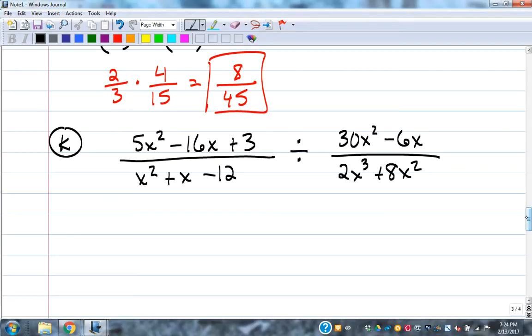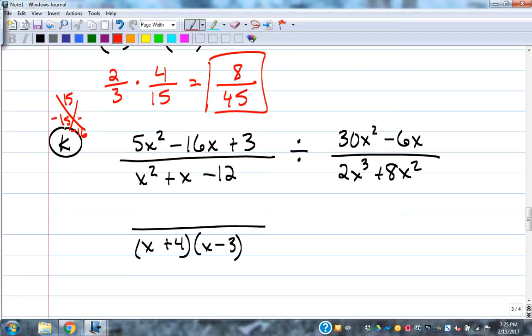The only difference is you got to flip the second one before you start canceling. So, I'd factor this one. This one is easier. The bottom part's easy on this one, so it's x plus 4 and x minus 3. Top part's not quite as easy because we need 15, negative 16. So that'd be negative 15 and negative 1. That stinks.